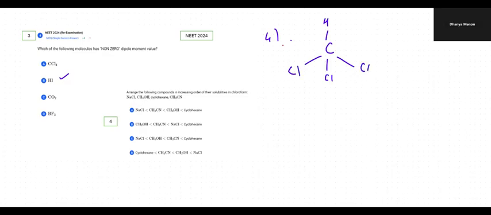Okay, here I have, these are the dipoles I'm drawing. And here the dipoles are not cancelling each other. So that means CHCl3 is slightly polar. Not very polar because it's an organic molecule, but it is very slightly polar.